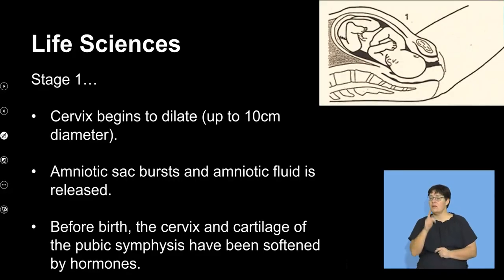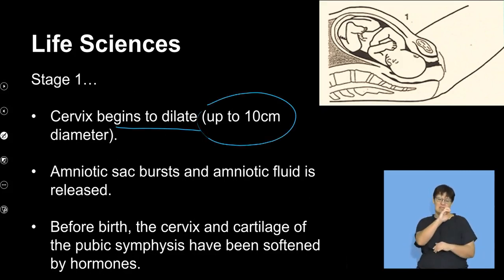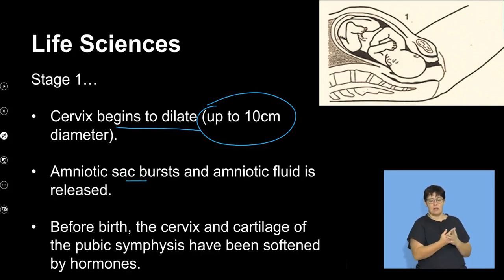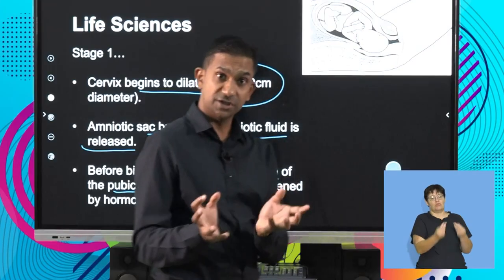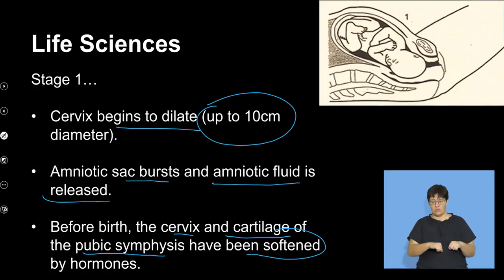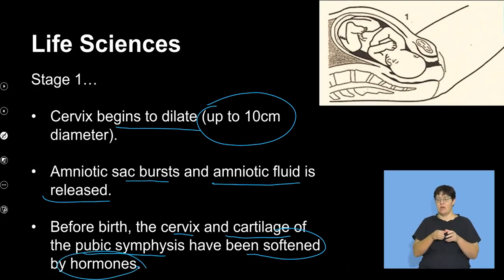The cervix begins to dilate, and this has to dilate to about 10 centimeters for the baby to emerge. The amniotic sac will burst and the amniotic fluid is released. Before birth, the cervix and the cartilage of the pubic symphysis, the joints between the girdles, will soften up, and this will allow for the extension of the cervix.